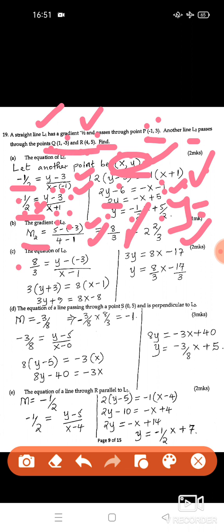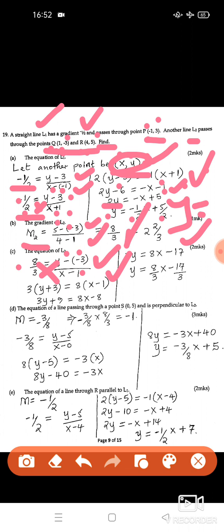So I prefer Q, such that we will have y minus negative 3 divided by x minus 1, as shown there. Therefore, we can cross multiply now. Remember, 2 negatives become a positive. So 3 will go with y plus 3, 8 will go with x minus 1. So we will have this step.